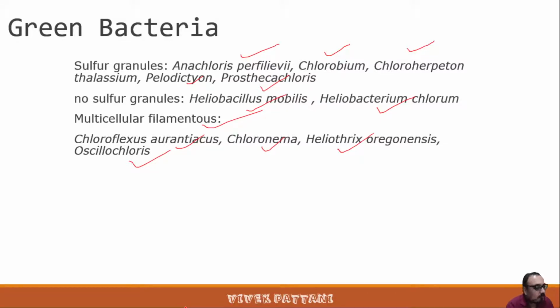Chlorophyll A, which is present in plants, has an absorption maximum in the range of 680 to 685 nanometers, but in the case of bacterial chlorophyll A, it is around 850 to 910 nanometers.